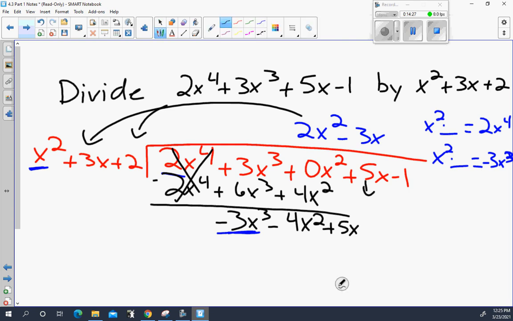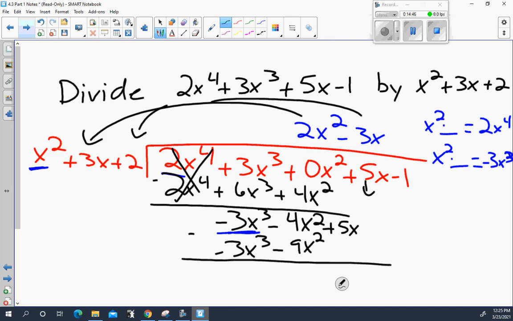Negative 3x times x squared is negative 3x to the 3rd. Again, we're going to be subtracting, so those will cancel out. We have to multiply by both of those. Negative 3x times positive 3x is negative 9x squared. Negative 3x times 2 is negative 6x. And I'll subtract. Those cancel out.